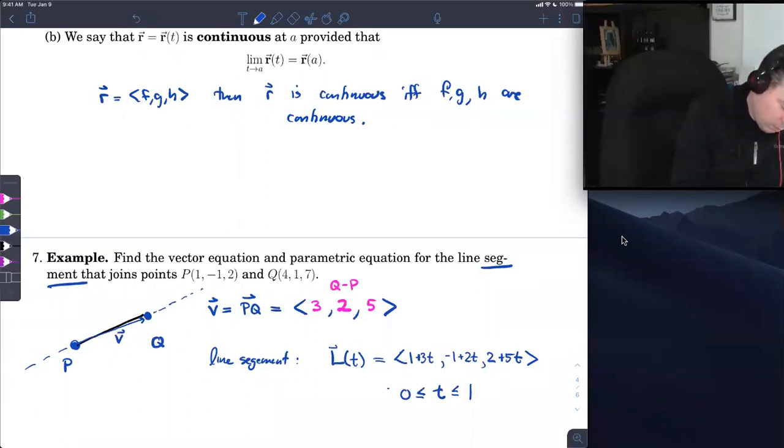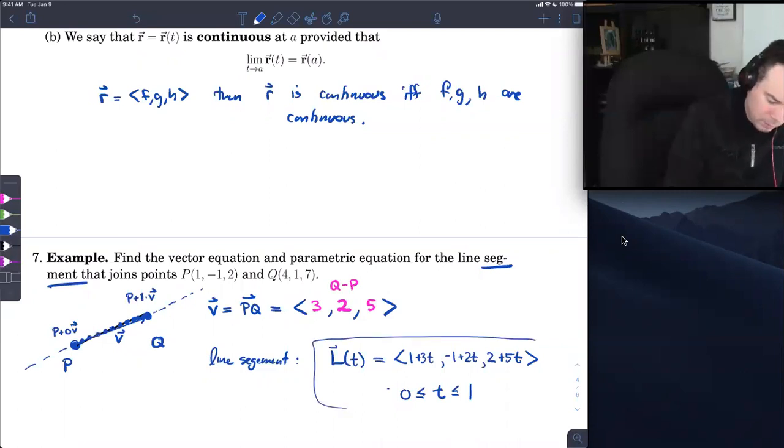So we want all of the points that live on this segment out to where this is p plus 1 times v. And this is p plus 0 times v. And then we want everything between 0 and 1. So that is our parameterization of the line segment.